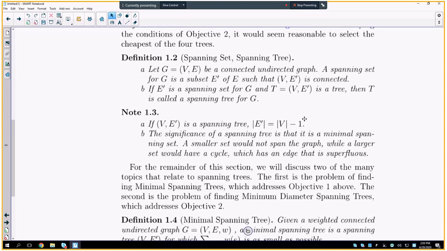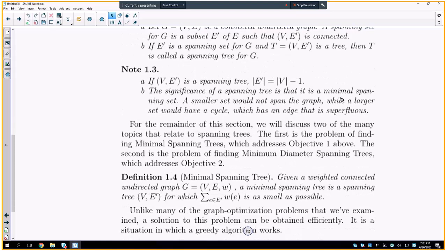For the remainder of the section, we will discuss 2 of the many topics that relate to spanning trees. The first is the problem of finding minimal spanning trees, which addresses objective 1, and the second is, of course, finding the minimal diameter spanning tree, which is objective 2. So what is a minimal spanning tree?